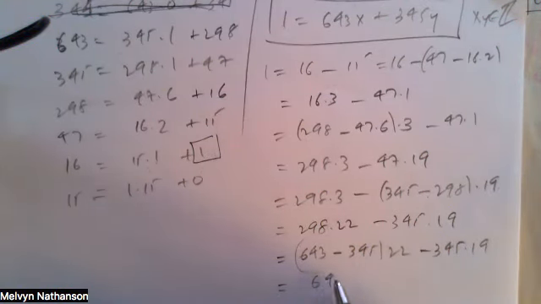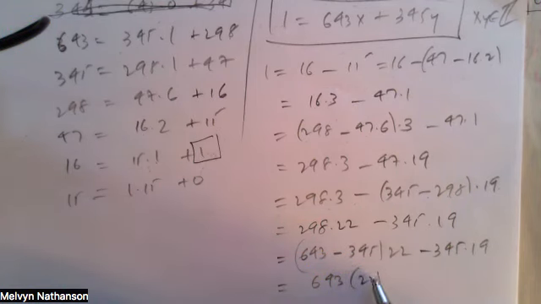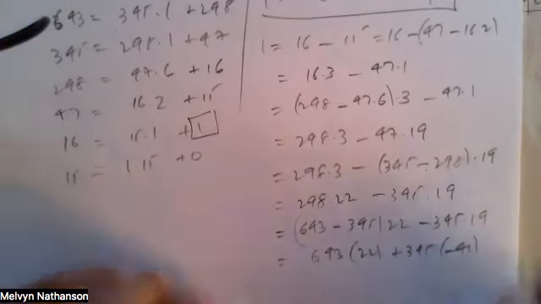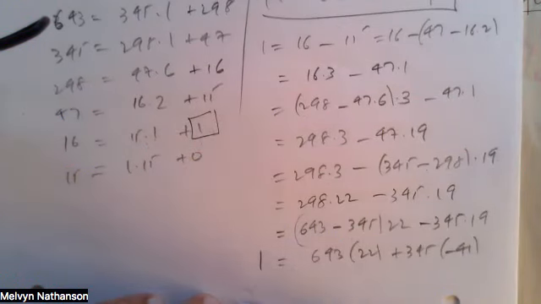So I have 643 times 22 minus 345 times 22, 345 times 19. That's minus 345 times 41, or 345 times minus 41. So that's equal to 1, if I did the arithmetic correctly.